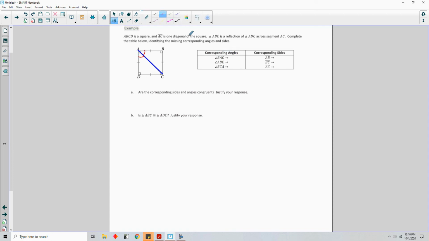Then it says angle ABC. Well, let me erase these. Now angle ABC is this right angle. Reflect that across, and that's going to end up being angle D. We could just name it D, but they named it with three letters. So they said ABC, so we want to say ADC.